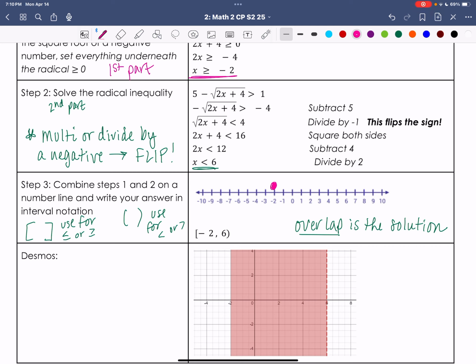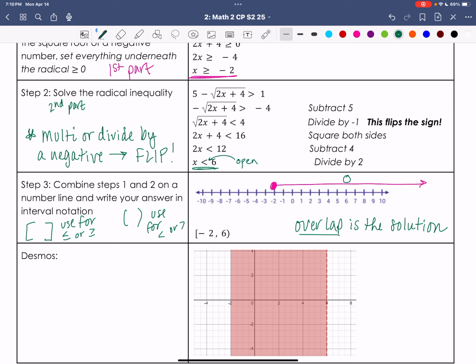And then it says x is greater than or equal, so we're going to draw that way. Now the second part says x is less than 6. So we're going to do an open point. So this is an open point.